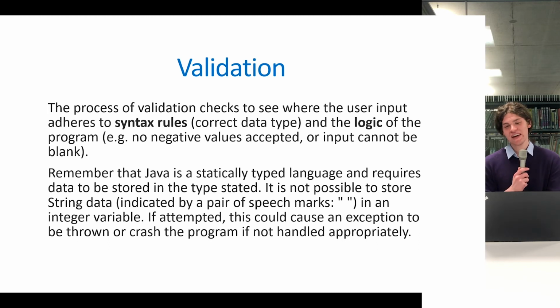Sometimes they don't enter things in the right format. For example, here we've got a case where we might not want to allow negative values, so we might want to prevent them from typing those in and storing them. Likewise, we might want to mandate that the input can't be empty if there's a required field, for example.